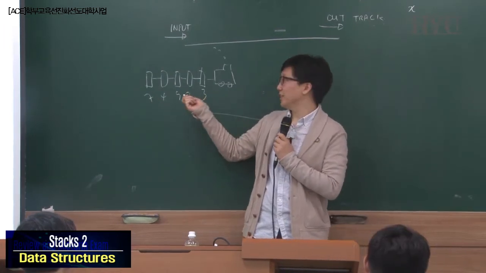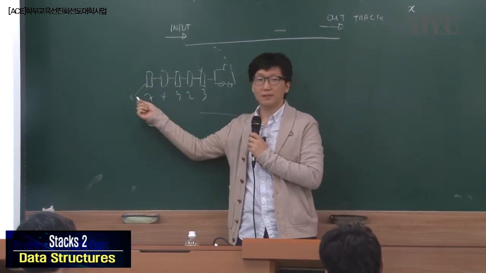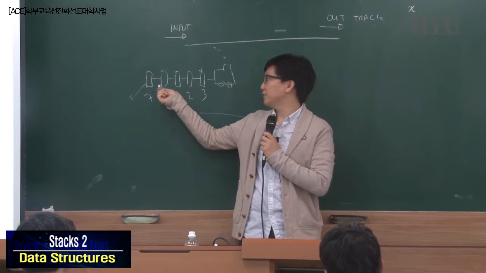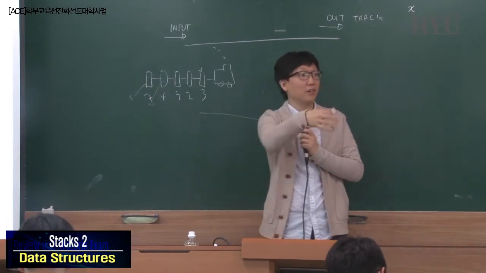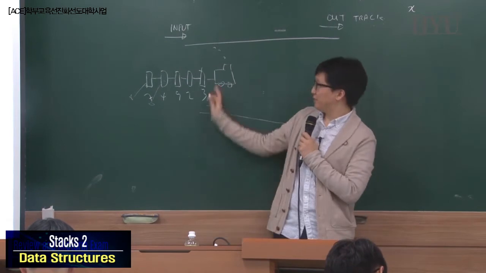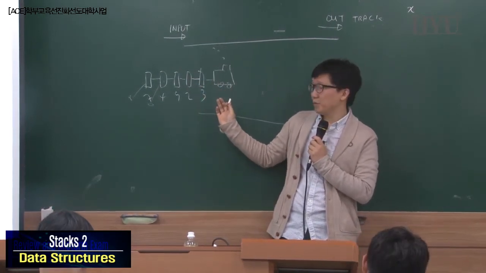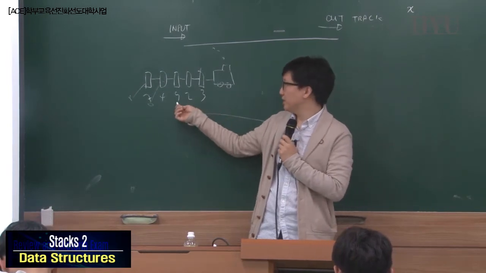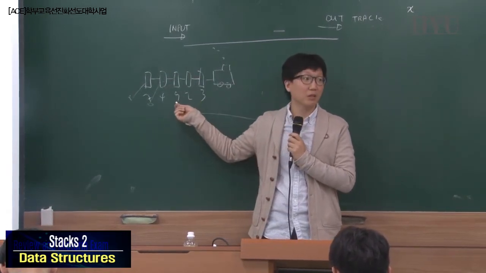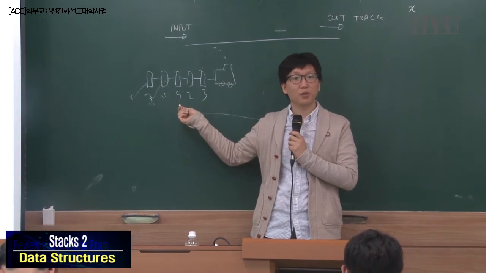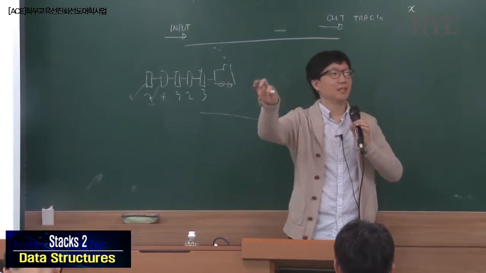Go to the next station, maybe I need to drop 7. Next station, I need to drop 4. So I'm doing a delivery. But if this number is mixed up, then I get to some station, but they need some cargo right in the middle. Then what do you have to do? You have to disconnect all of it and put it out.